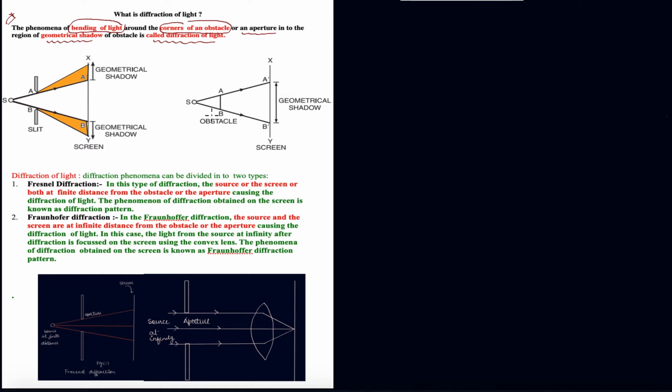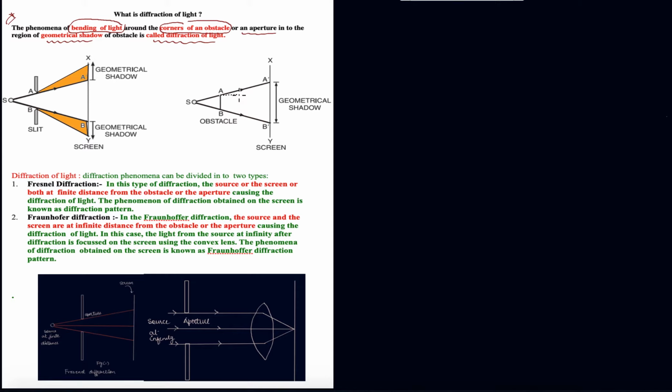So in another diagram you can see here, it is expected that the light will start from this source, and it will go from S to A, and then A to A prime in a straight line. So S B B prime in a straight line, right. But in reality, it will not only go like this, it will bend around the corner.